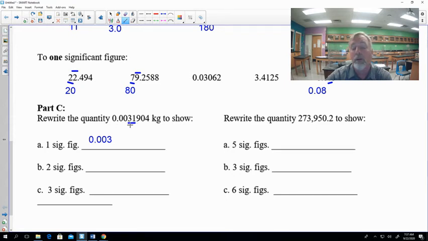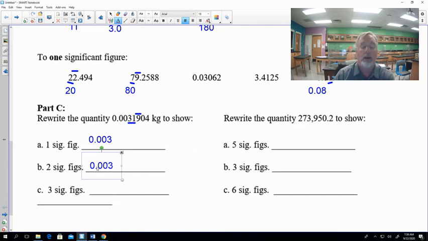Remember, these leading zeros are not significant. Don't get confused by those. And we have this 9 here that's going to tell us how we're going to round. All right, what's that 9 do? It tells us to round up. So our answer, 0.003. The 9 tells us we're going to round that 1 up to a 2.